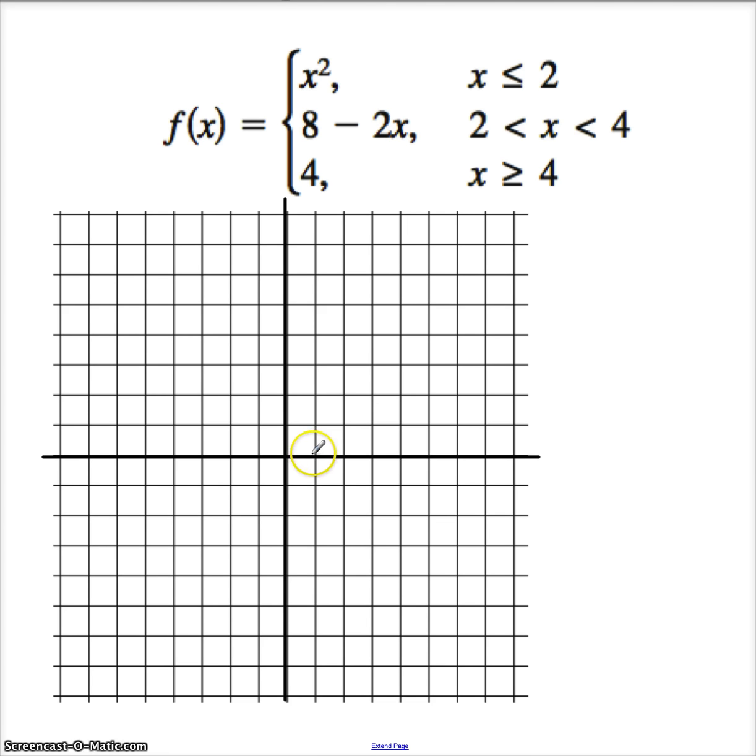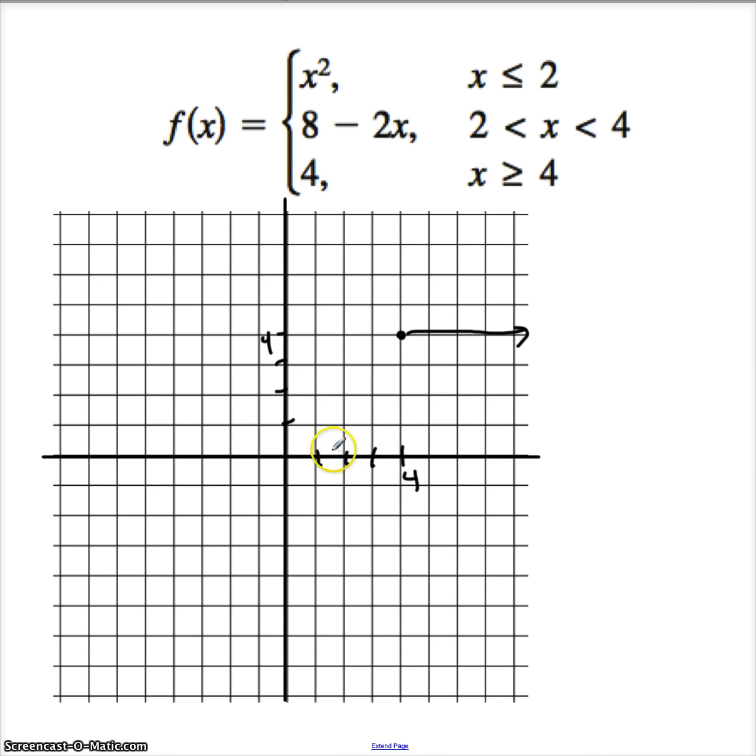Let's see, it's defined for x equal to 1, 2, 3, 4. When x is greater than 4, this is equal to 4. So this piecewise function, all right, let me switch pen color for the end part, it's equal to x squared when x is less than or equal to 2.